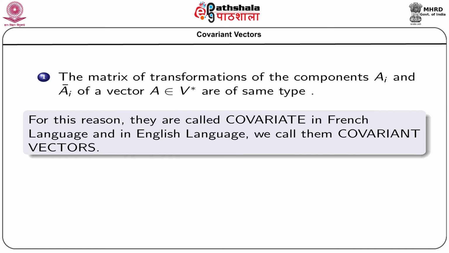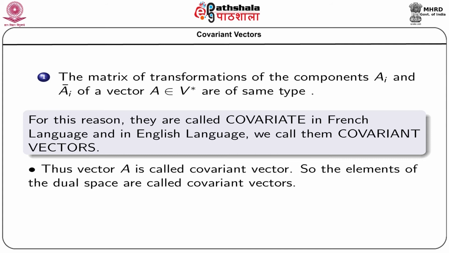For this reason, they are called covariant in the French language, and in English we call them covariant vectors. Thus, vector A is called a covariant vector. So, the elements of the dual space are called covariant vectors.